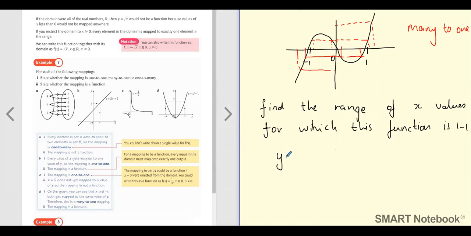So the equation of the curve is y equals x(x + 1)(x - 1). I want you to find the range of x values for which that is a one-to-one function.